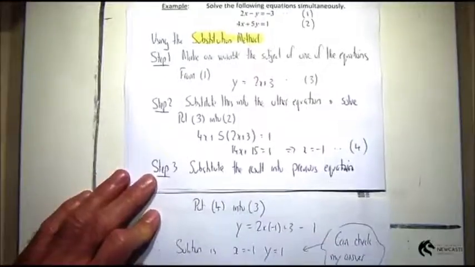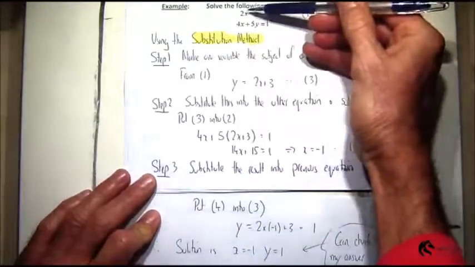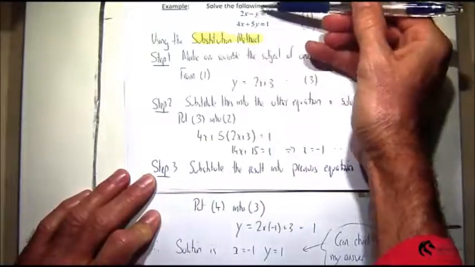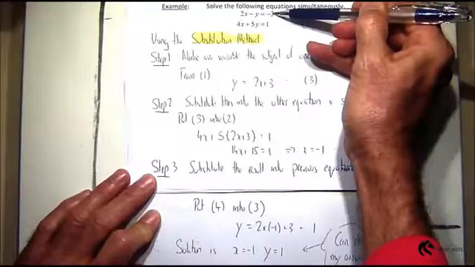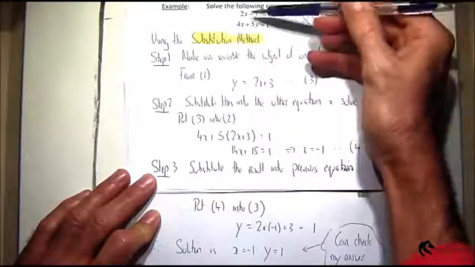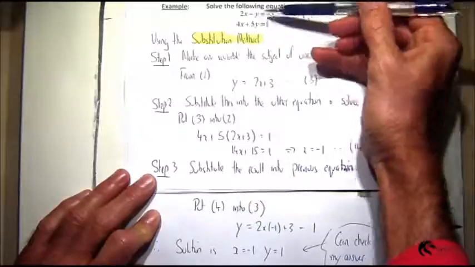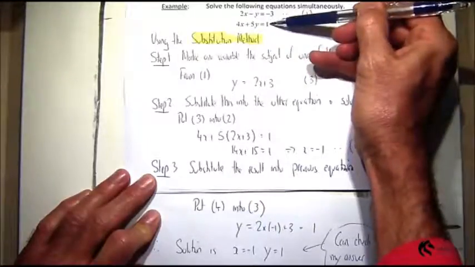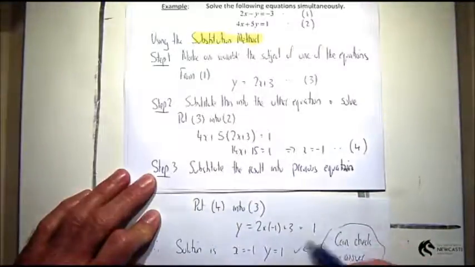Let's go up here. 2 times minus 1 is minus 2. Minus 2 minus 1 is indeed minus 3. So minus 1 works in that equation. Let's go here. 4 times minus 1 is minus 4. Minus 4 plus 5 is indeed 1. So I checked my answer, it worked, and I'm happy.